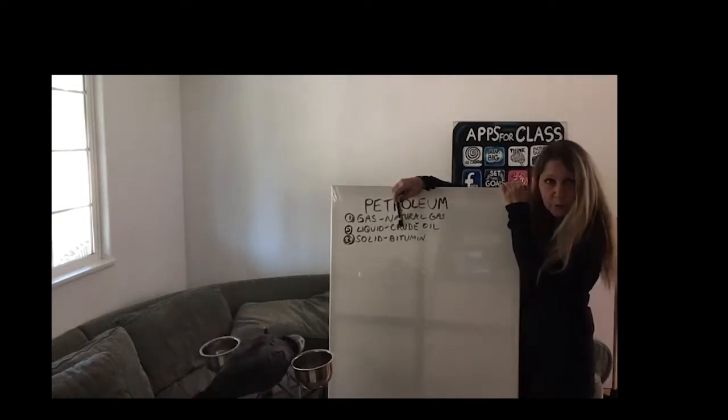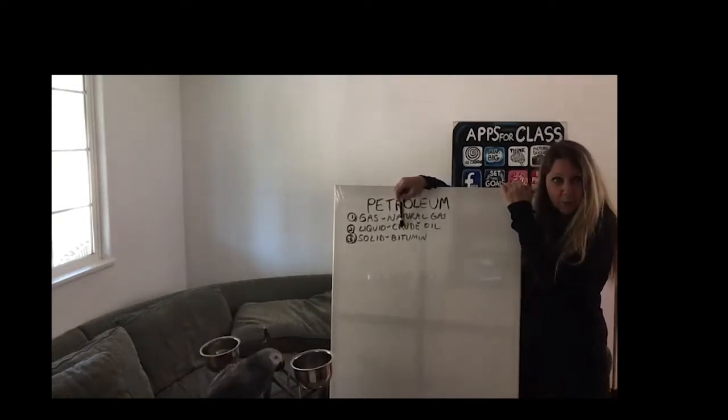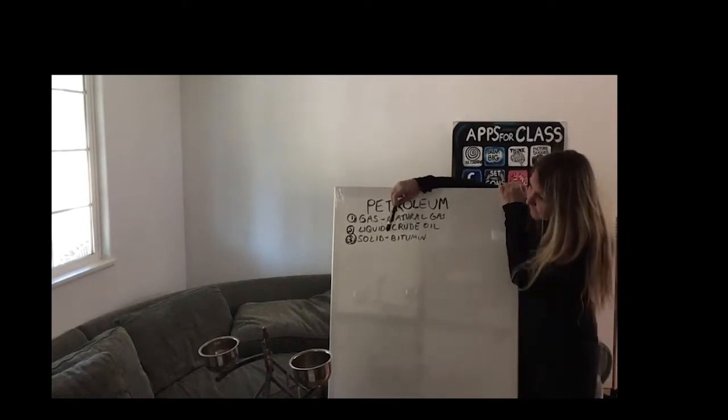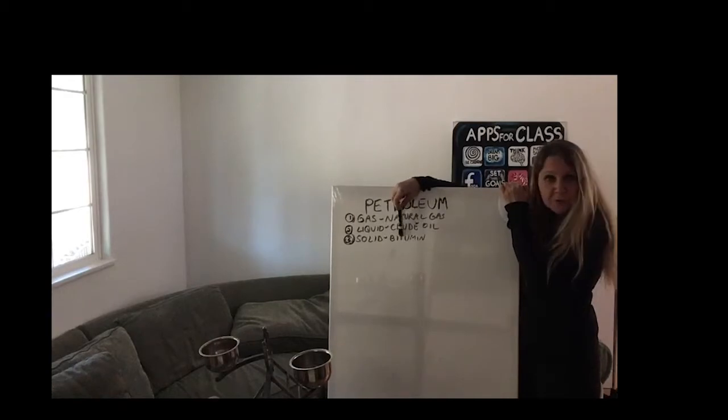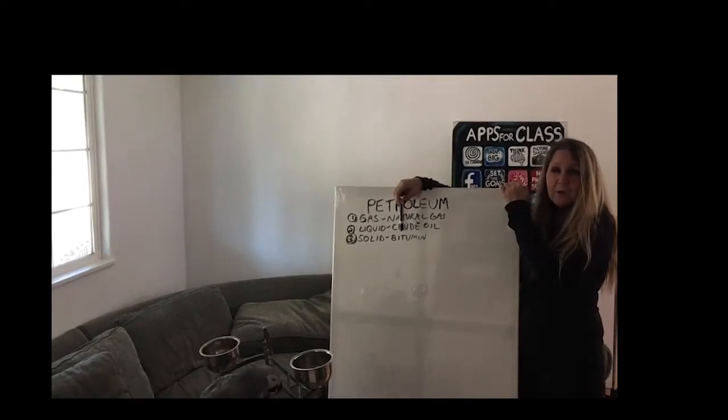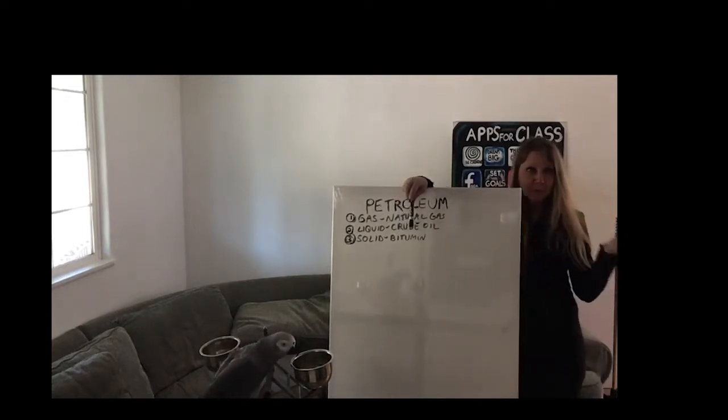The liquid part is crude oil, which is used to make diesel fuel, kerosene, which is like jet fuel, and gasoline, which is like octane. And the solid in the form of bitumen, which is used to make asphalt. It's tar, used for asphalt, for paving roads, and for roofing.